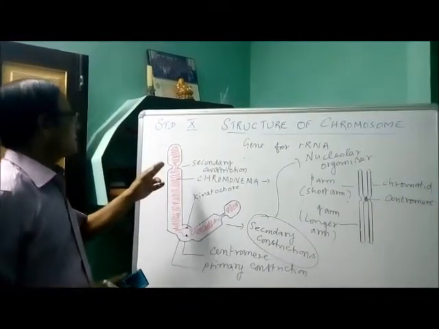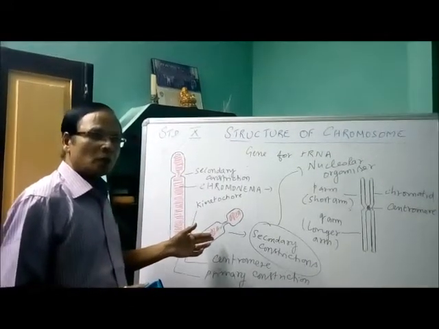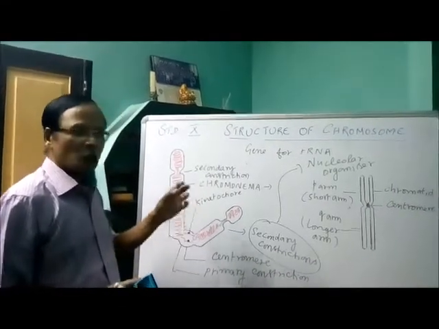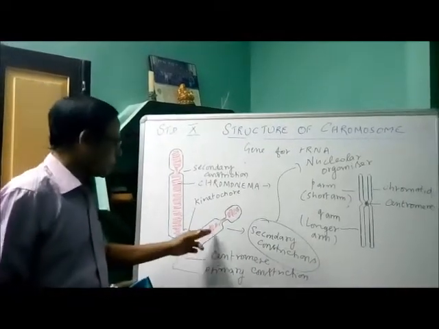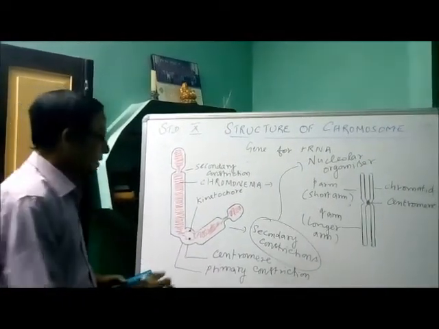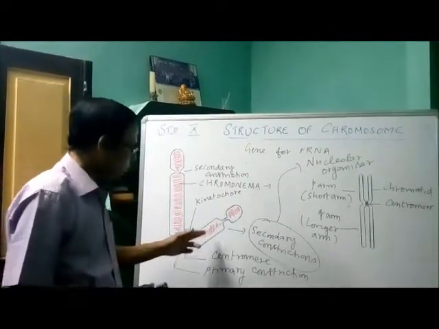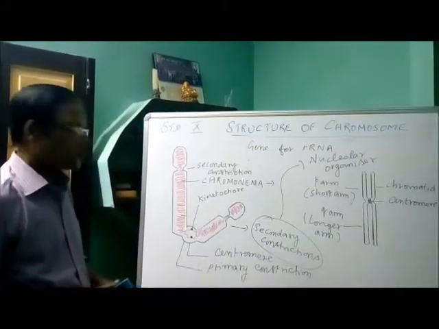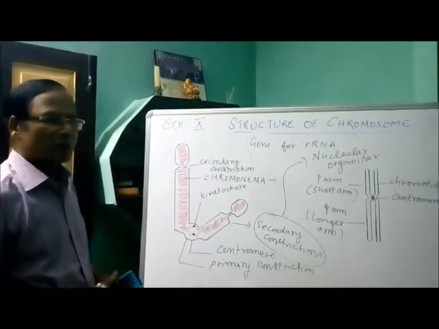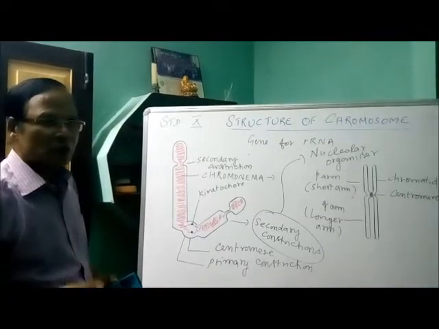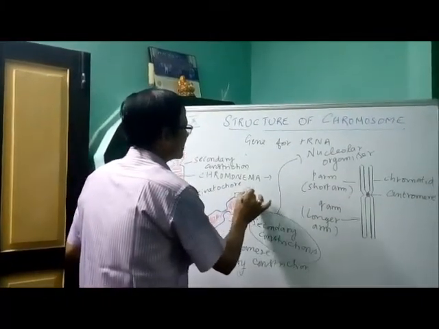Now, in some cases, one spherical knob-like structure is present, connected to the main part of the chromosome through an elongated secondary constriction. This round-shaped structure is called satellite.